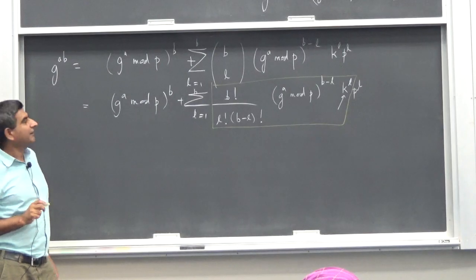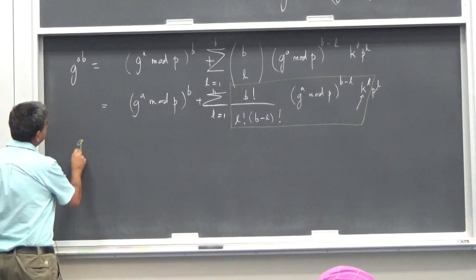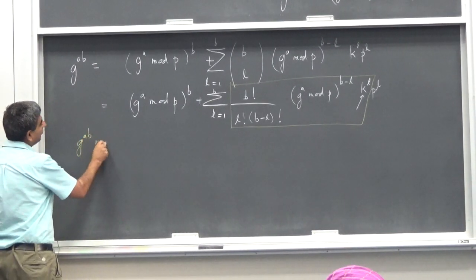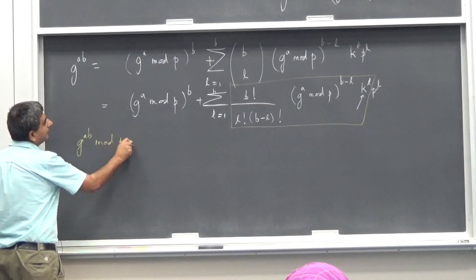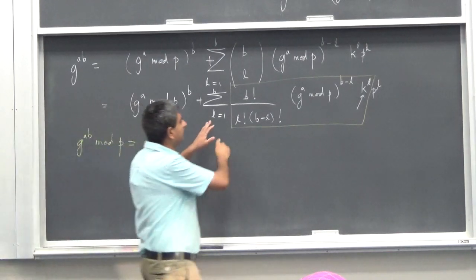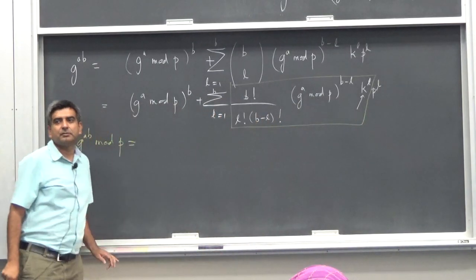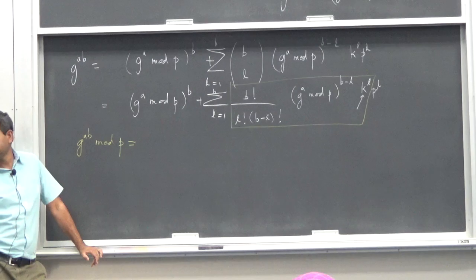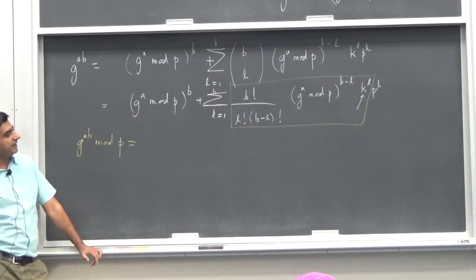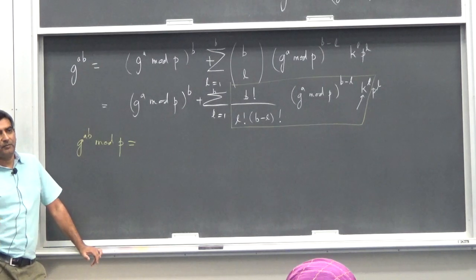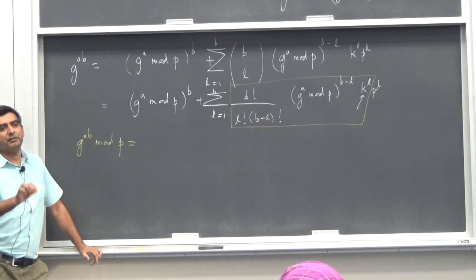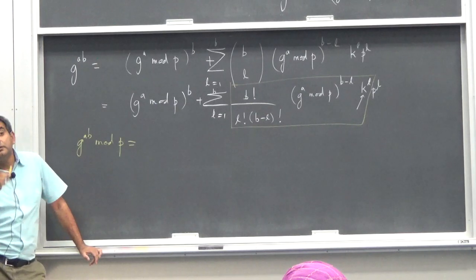Okay. So if I take the mod with respect to P of both sides, what's going to happen to this term if I put a mod P with respect to it? So the second term with the summation, what is this number modulo P? 0.